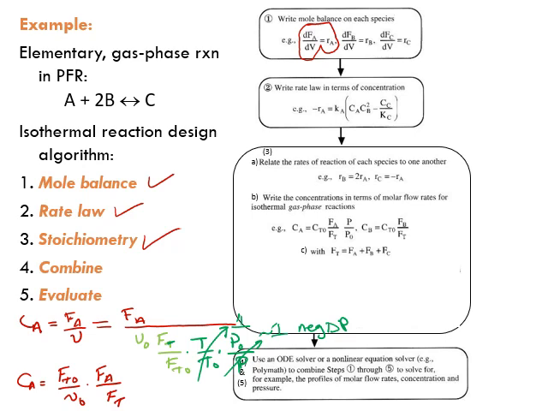Okay, and what does Ft naught over epsilon naught equal? Well, it equals Ct naught, correct? It equals Ct naught times Fa over Ft.